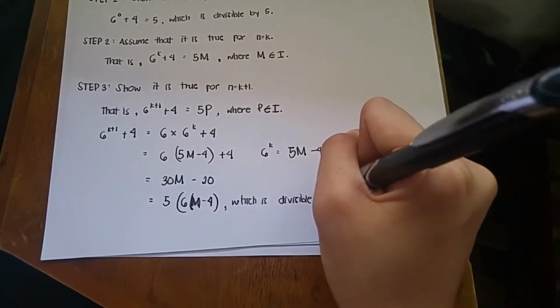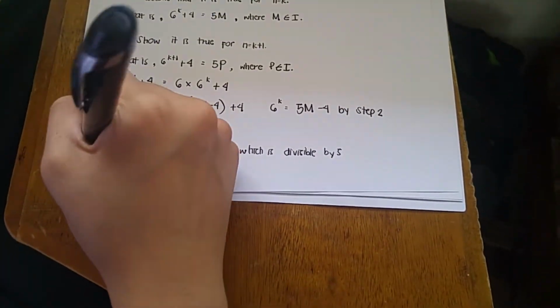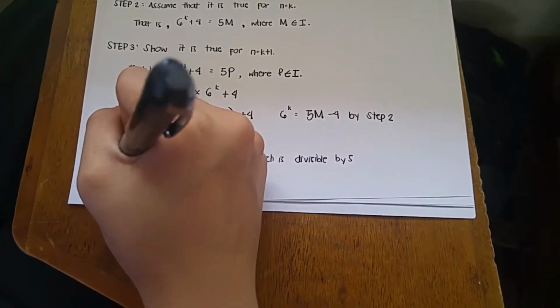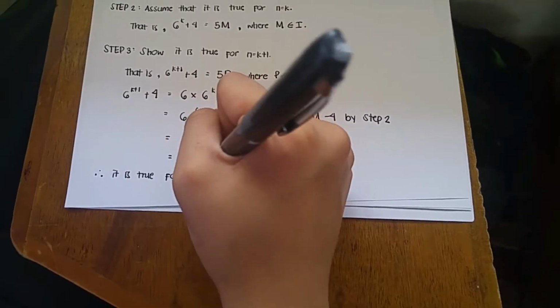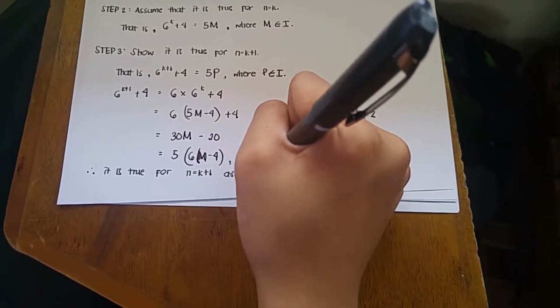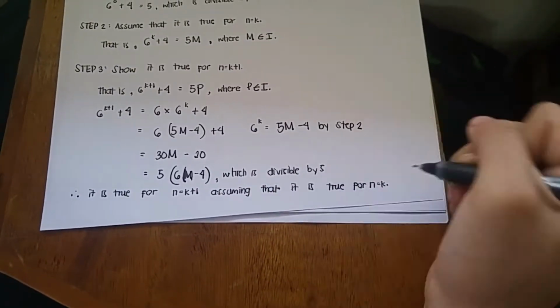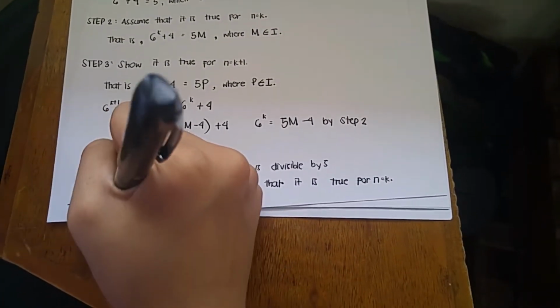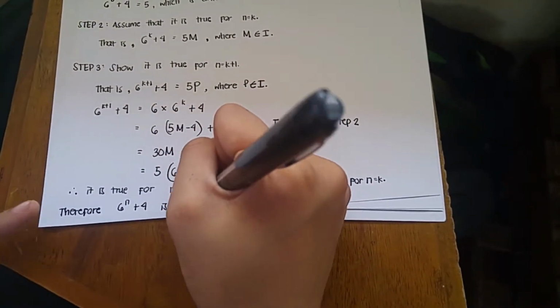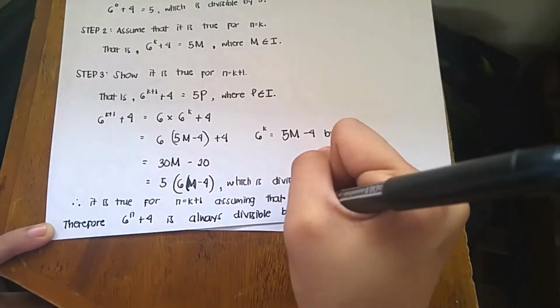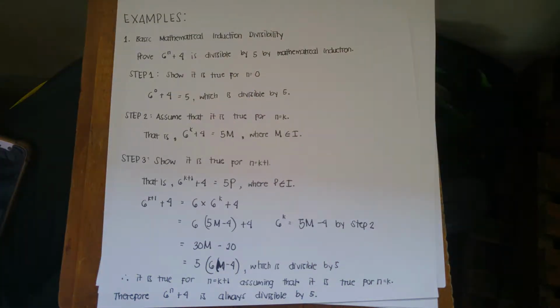Then it is equal to 30m minus 20. So 5 times the quantity 6m minus 4 is divisible by 5. Therefore, it is true for n = k + 1, assuming that it is true for n = k. Therefore, 6^n + 4 is divisible by 5.